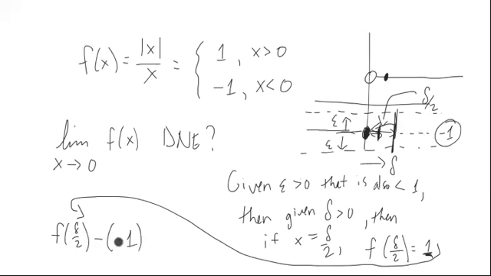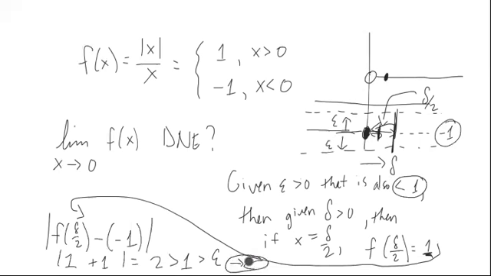Let's see what this is equal to in absolute value. So f of delta over 2 is equal to 1. So we have 1 plus 1, which is equal to 2. But what do we know about that? We made an assumption that epsilon was less than 1, right? So 2 is greater than 1, which is greater than epsilon. So that's a contradiction right there.